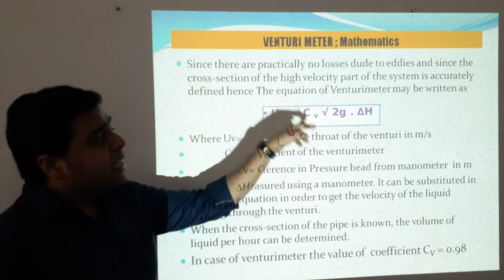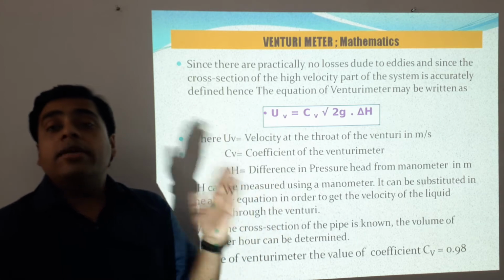So uv is equal to cv root over 2g into delta h.